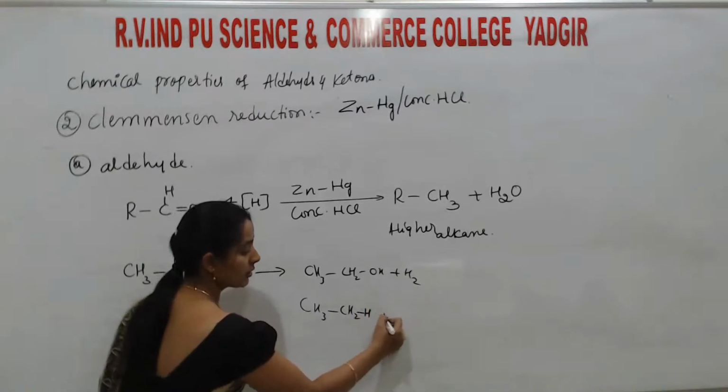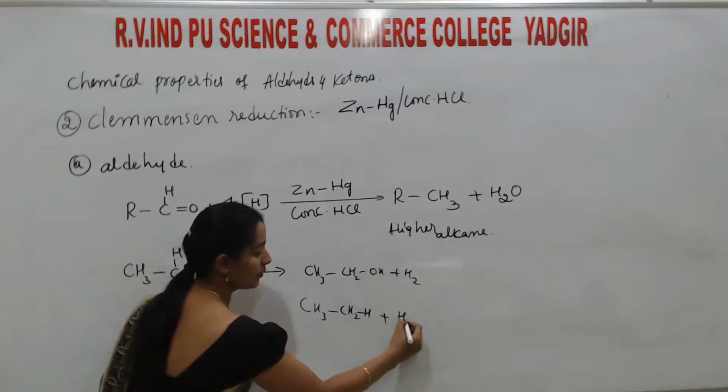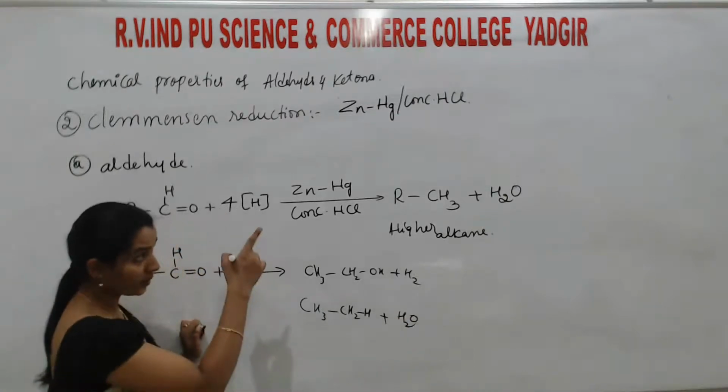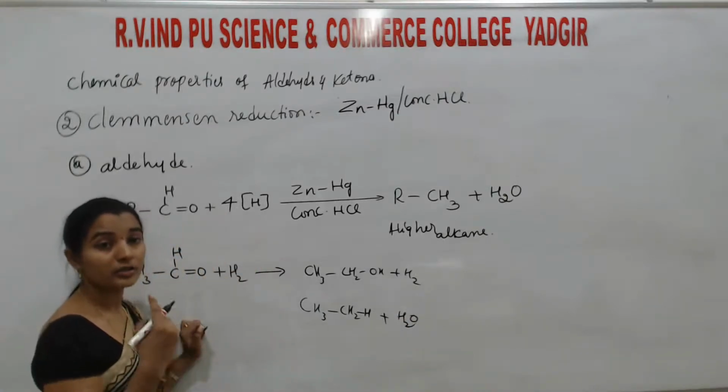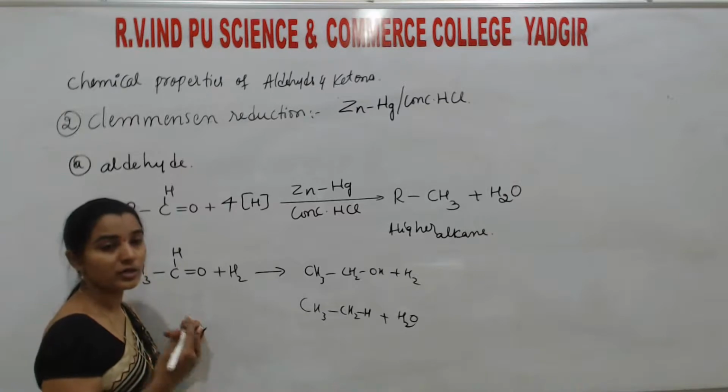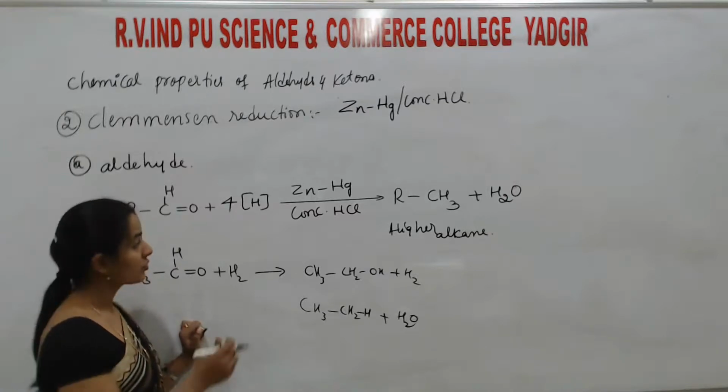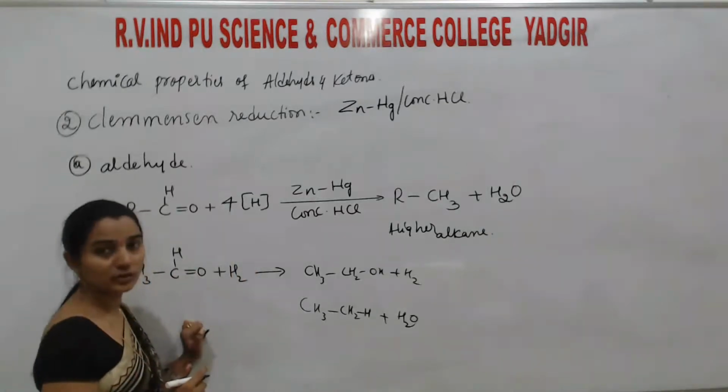This H and OH combine with each other to form H2O. That is what I wrote there. Double reduction takes place, two times hydrogenation takes place. That's why I took 4 moles of H.